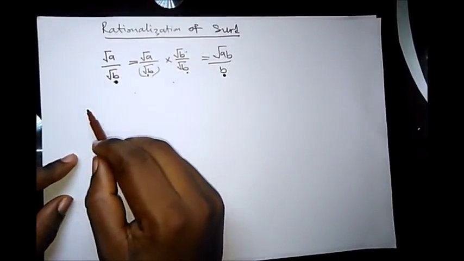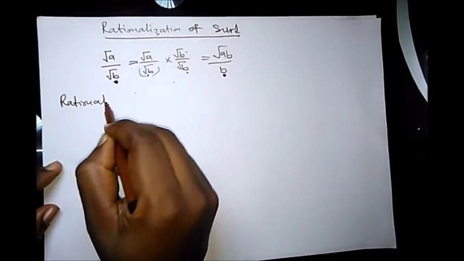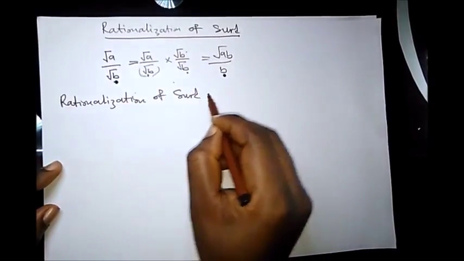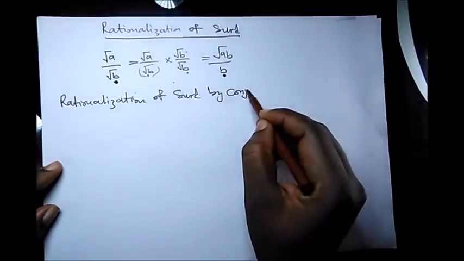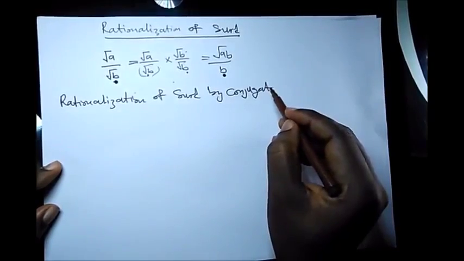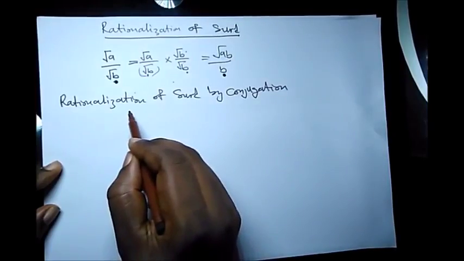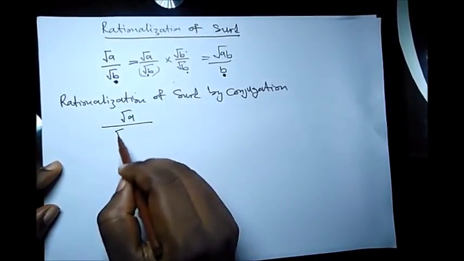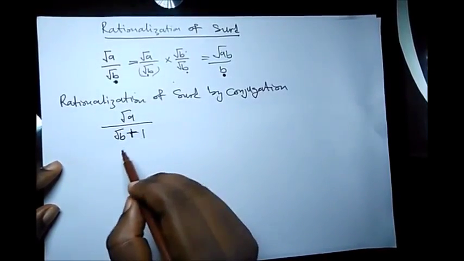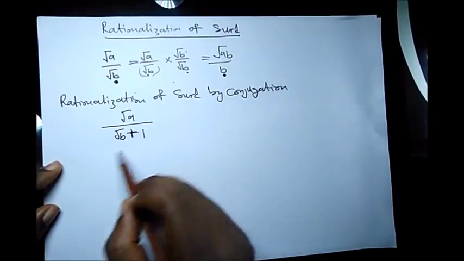Also, we see that we have what we call rationalization of surds by conjugation, where we have root a over square root b plus 1. What happens? The conjugate is an expression with the opposite sign of a given one.